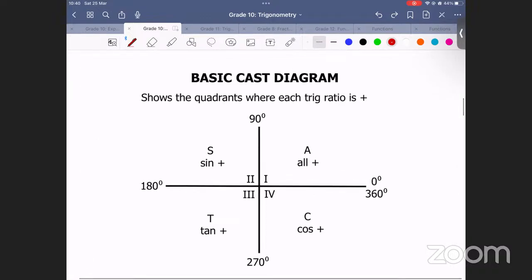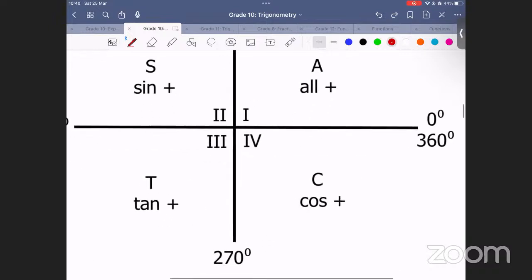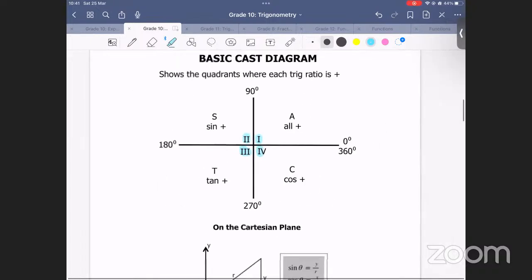Let us talk about the basic CAST diagram, which shows the quadrants where each trig ratio is positive. When we talk about a Cartesian plane, the first thing we need to note is that's the first quadrant, that's the second, that's the third, that's the fourth.